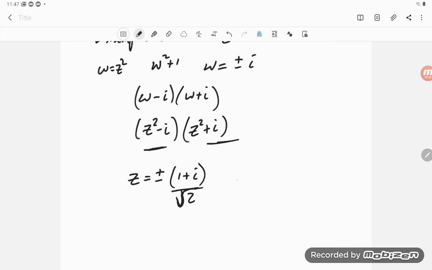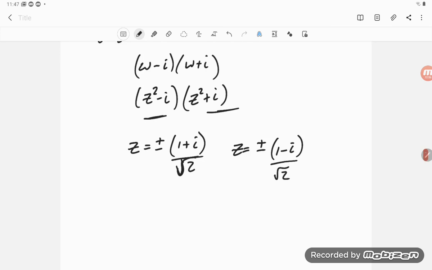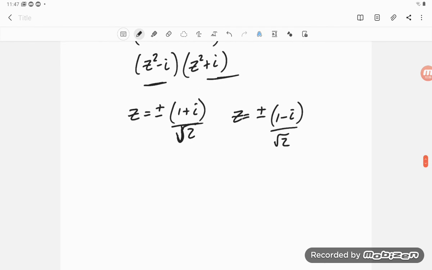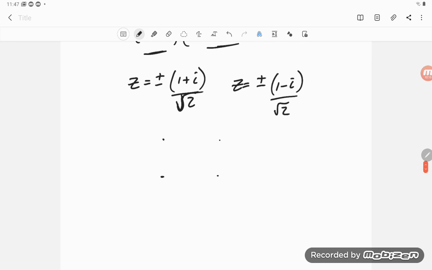And then for this one, we would get z equal to plus or minus 1 minus i over the square root of 2. And so you see, if you think back to our geometry thing where we had these pieces, if I start with this first one, here is z equals 1 plus i over the square root of 2.